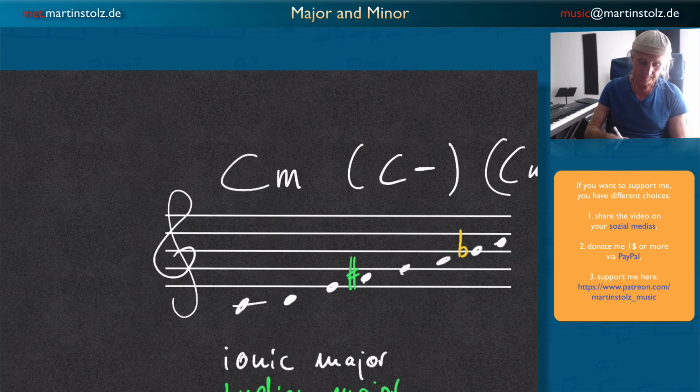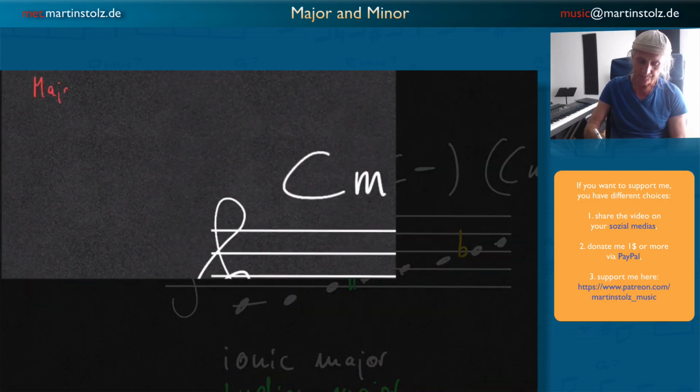Major, okay, let's take red as good. Major is 1 3. Minor is 1 flat 3. So every scale, just do like this.